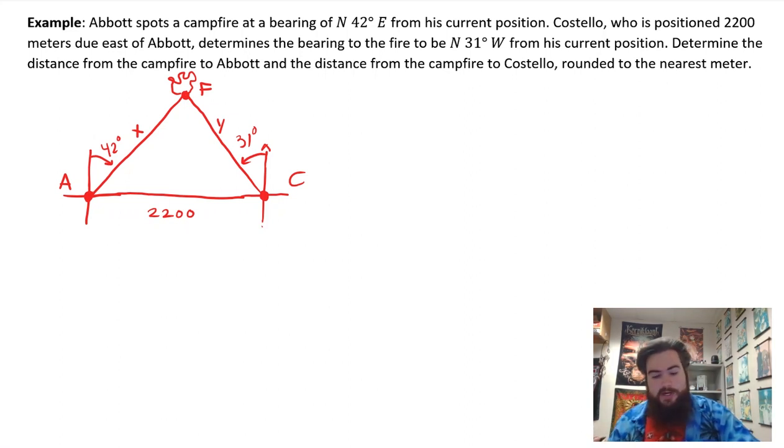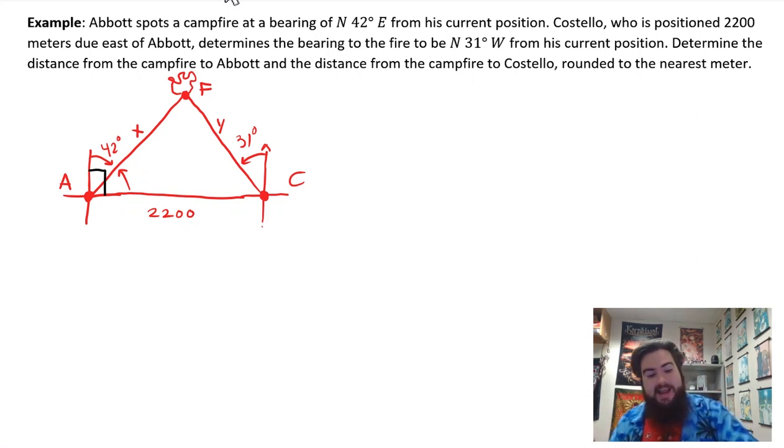Now with this situation, there's some information that we do know for the triangle on the inside. Do note that 42 degrees and 31 degrees are not the angle measures inside the triangle where Abbott and Costello are standing. If we want to find the angle measure inside of this triangle, note that this creates a 90-degree measure.